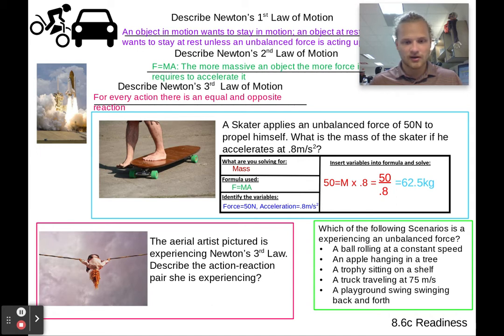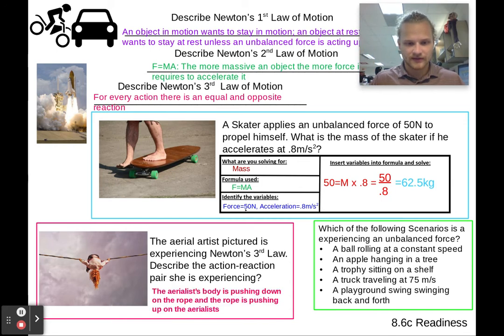Okay, she's a tightrope walker. All right, and so her force is going down on the rope, but also the rope is pushing back on her. All right, so let's see what they say. The body is pushing down on the rope, and the rope is pushing back on the aerialist. Perfect, we got it.